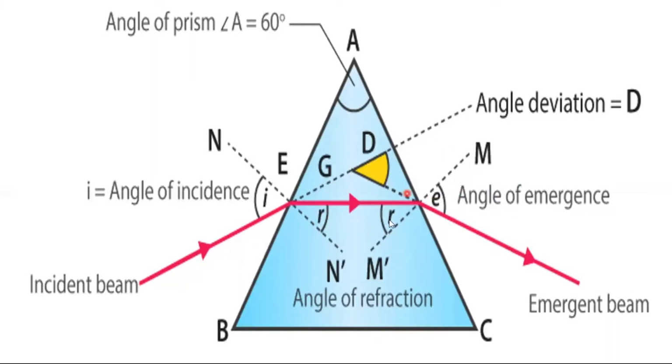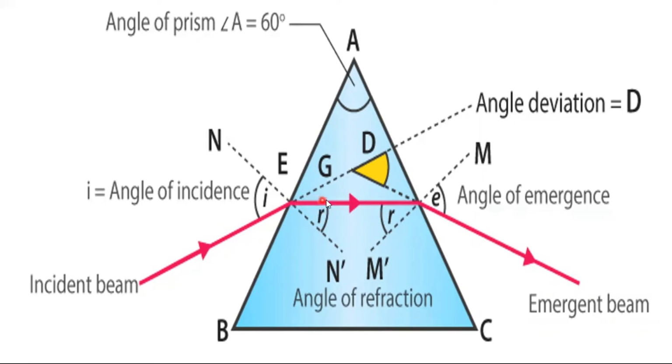From this diagram we will understand why that ray of white light has deviated from its original path. You see that this is the incident ray, the incident beam. Originally this incident beam was moving in its own straight line path. This is the undeviated path. But once we have placed this prism ABC, this ray enters inside the prism.